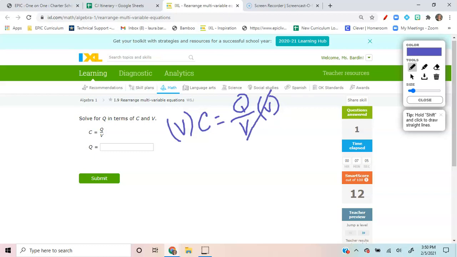And now I'm left with VC is equal to Q. I have Q by itself on one side of my equal sign. Do you see it all by itself? So now Q equals CV, same order, doesn't matter.